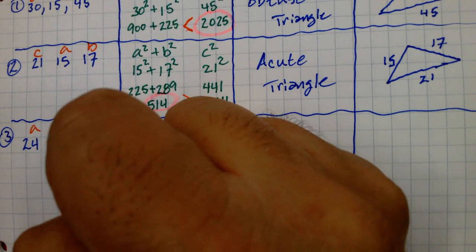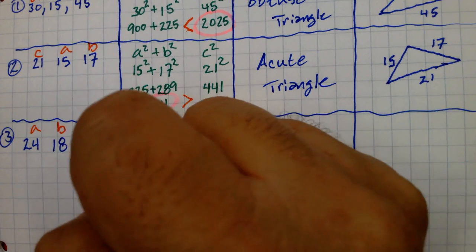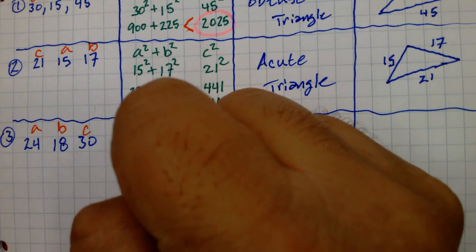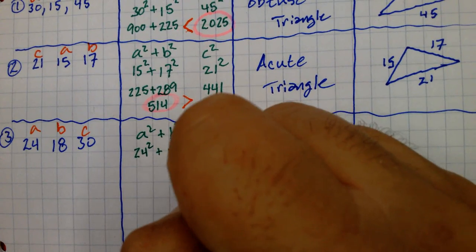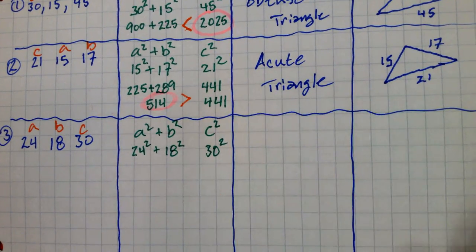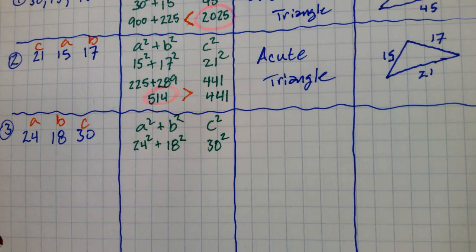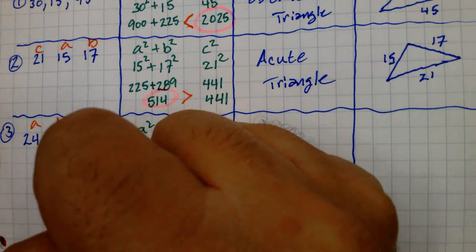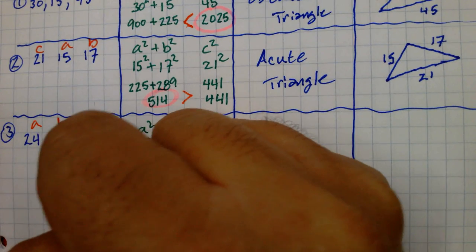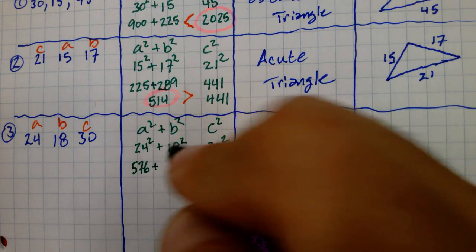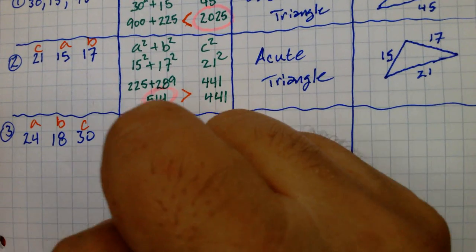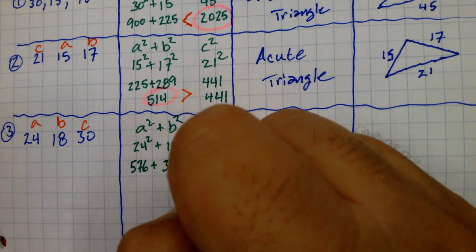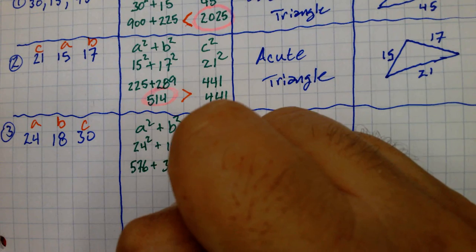So that's going to be 24 squared plus 18 squared and 30 squared. So let's see, 24 squared is 576. 18 squared is 324. And 30 times 30 is 900.